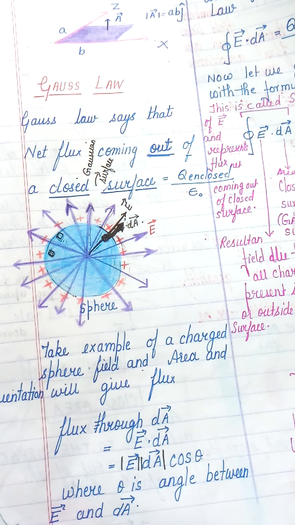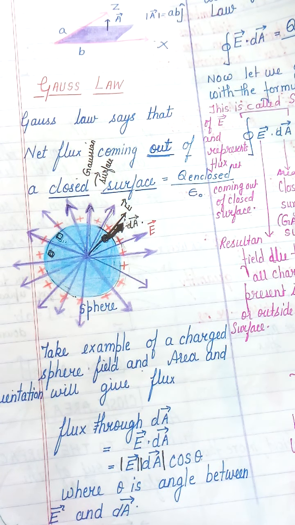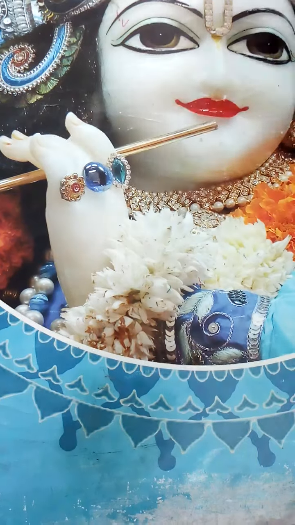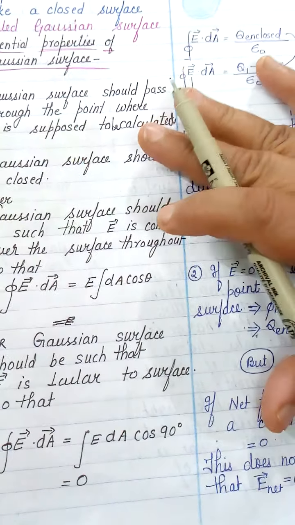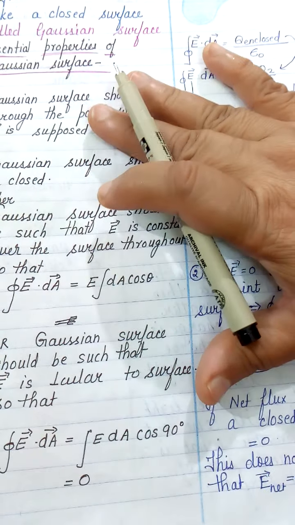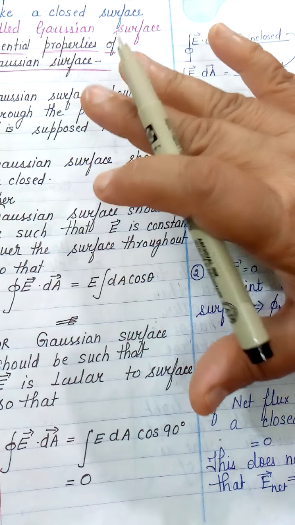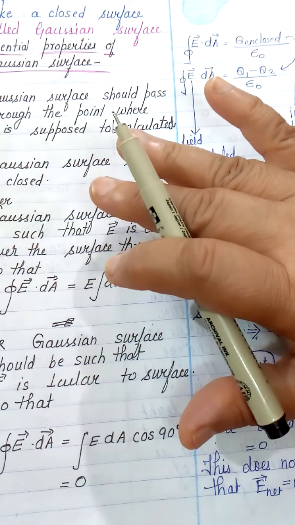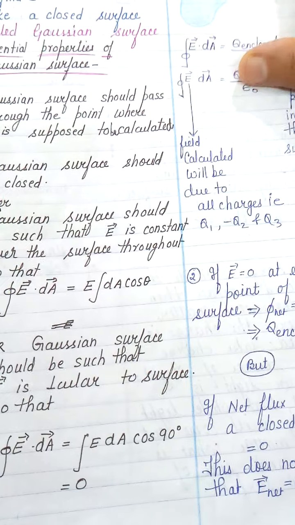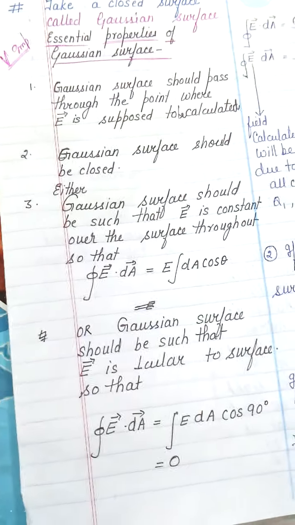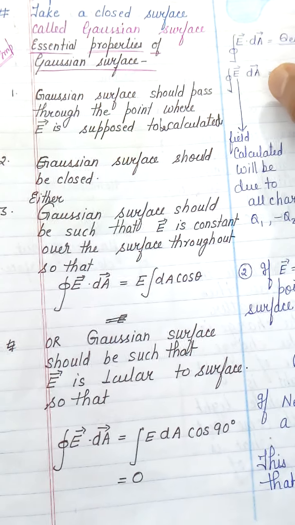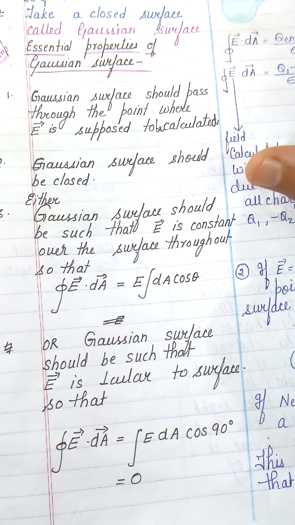Now the question is, what is Gaussian surface and why is it required? Gaussian surface, as I have already explained to you, is a closed surface passing through the point where we need to calculate the electric field. Now why is it required? Because Gauss law is a mathematical concept which is used to calculate the electric field of physical situations.